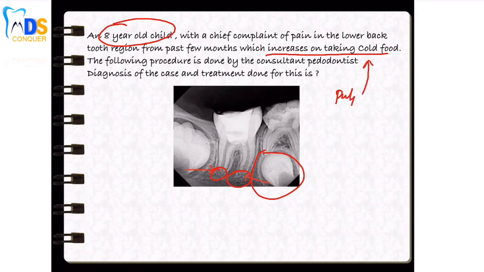With this diagnosis you can confirm it as a pulpitis case, and you may go for a minimal pulpal therapy. That minimal pulpal therapy is removing the coronal part of the pulp. So you can see this is your enamel, this is your dentin, and these are your pulp horns and root canal. What you have done is removed only the coronal part of the pulp, leaving the radicular part.